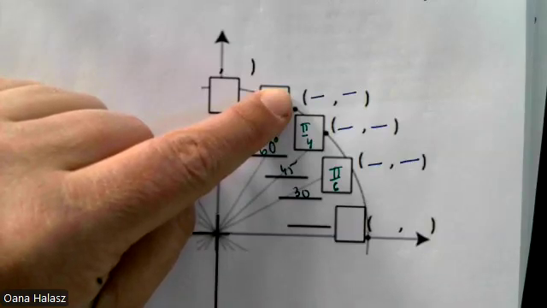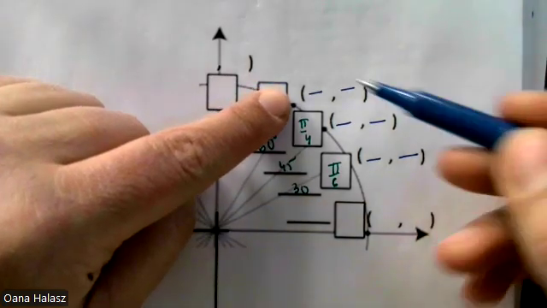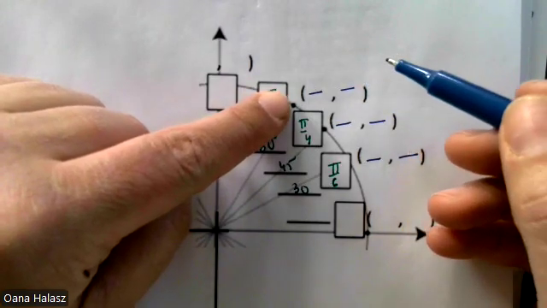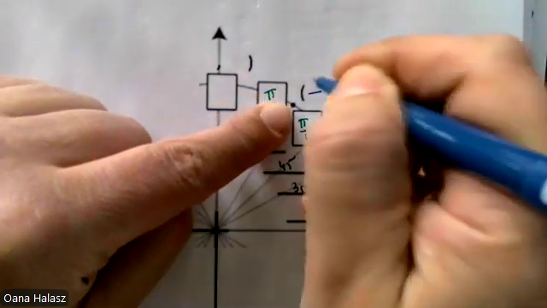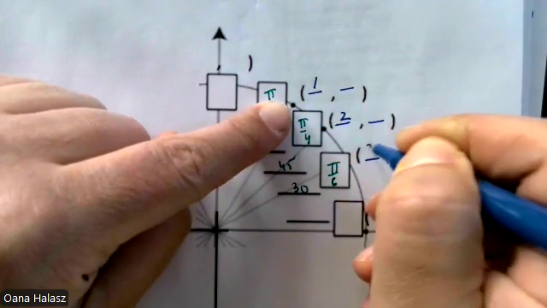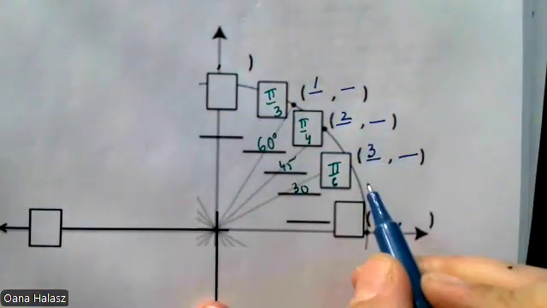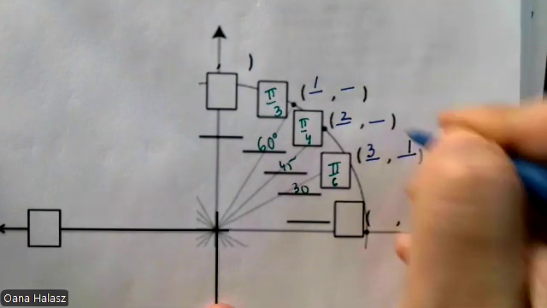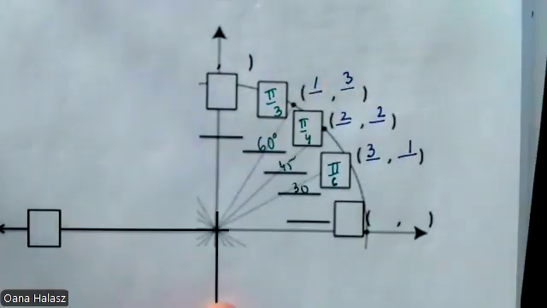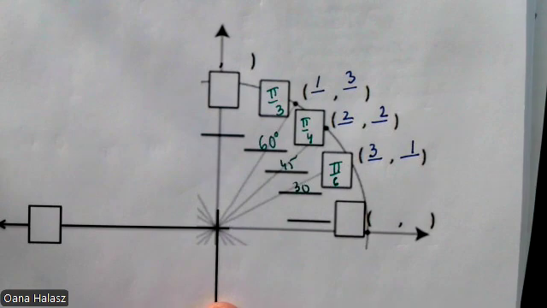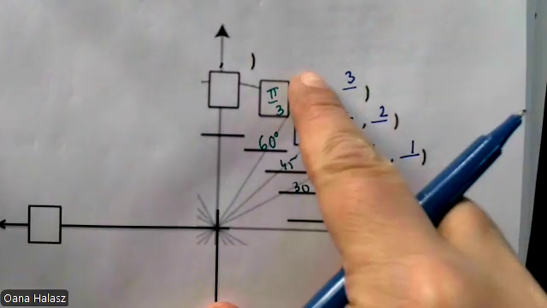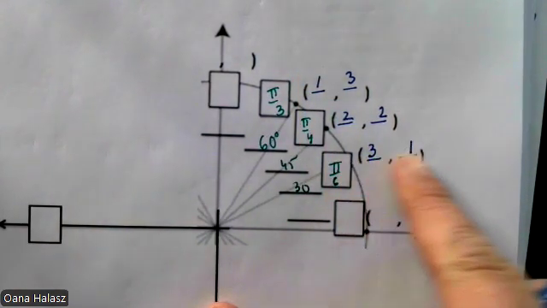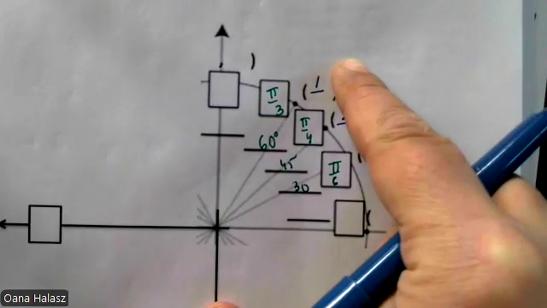Start at the top and count to 3. So you go like this: 1, 2, 3. And then switch over to the right and go again, 1, 2, 3 upwards.